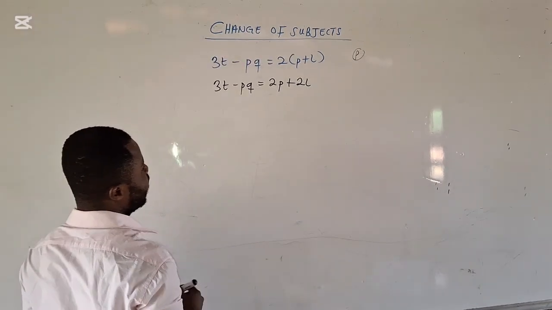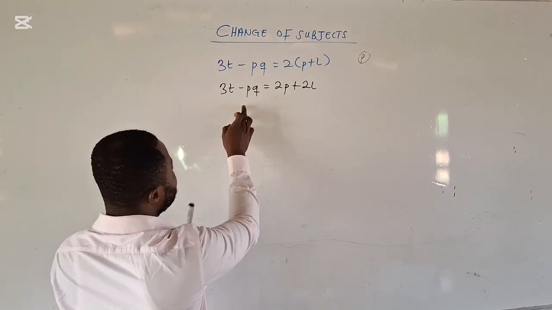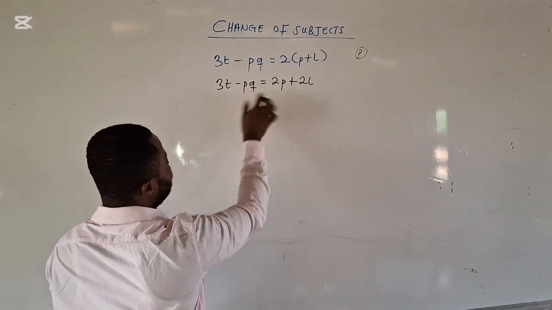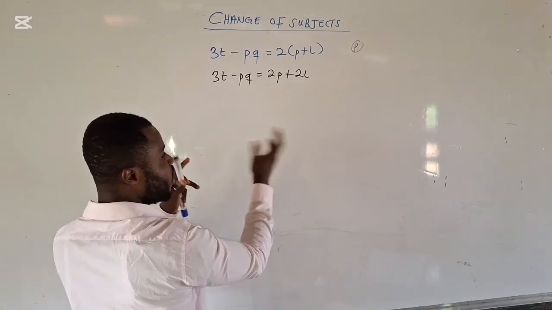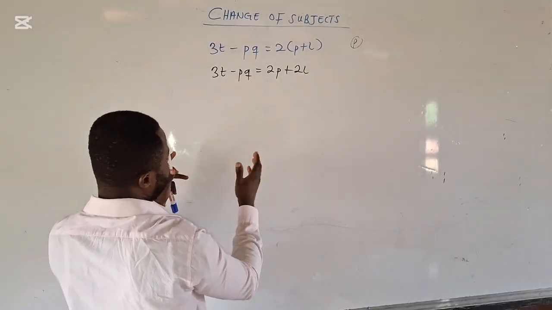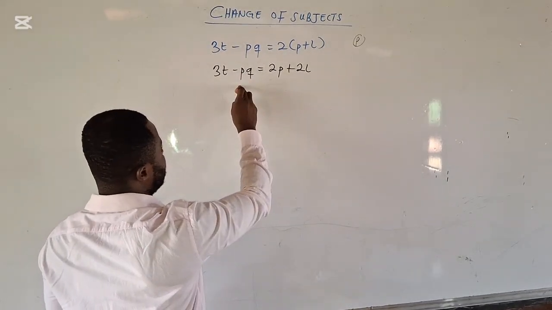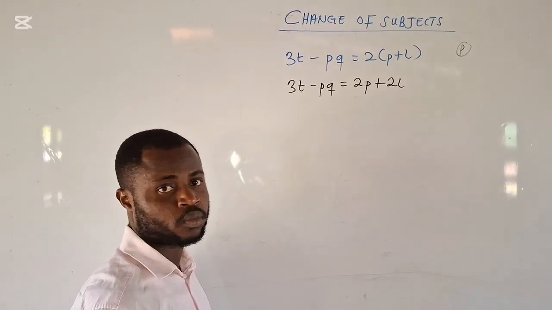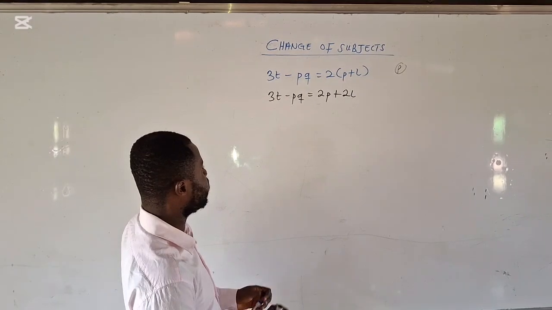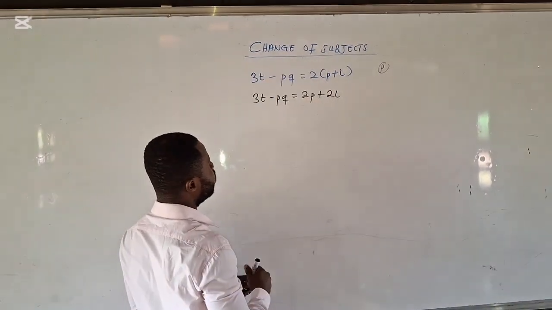Now we are making p the subject, so we have to group the p. Bringing this one here will be negative, and this one should be negative, which will make our solving a little difficult. But to make it easier, rather send this one to the other side.